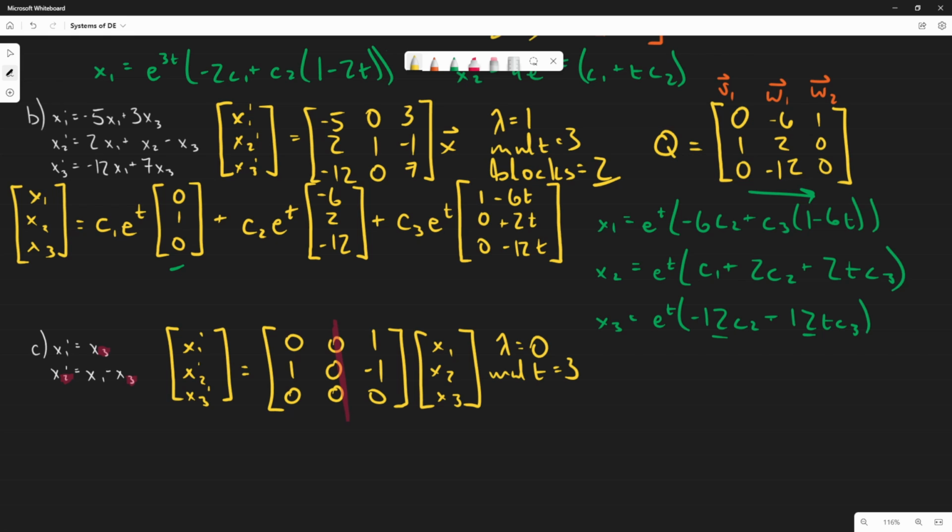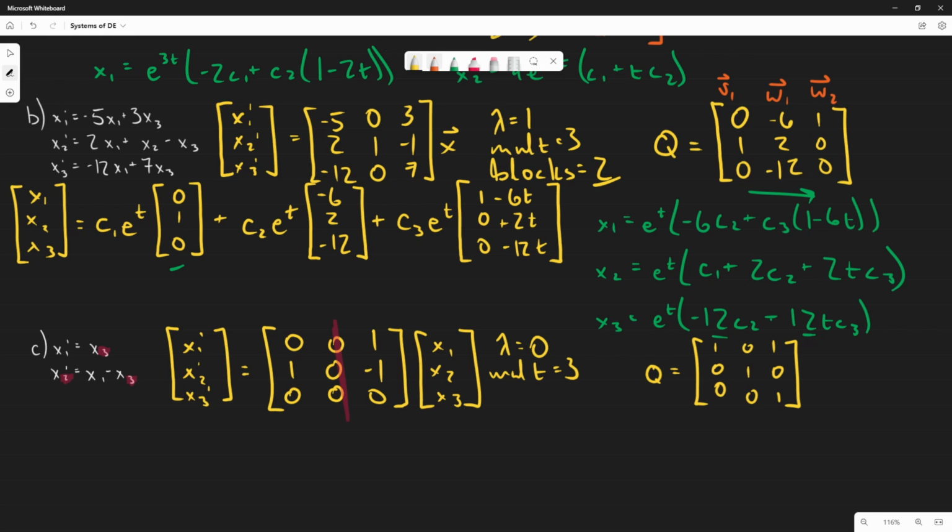So in this case, there is only one block. Our Q matrix will just be 1, 0, 0, 0, 1, 0, and then 1, 0, 1. And so now to write our solution, it's fairly simple. It's how we usually do it.